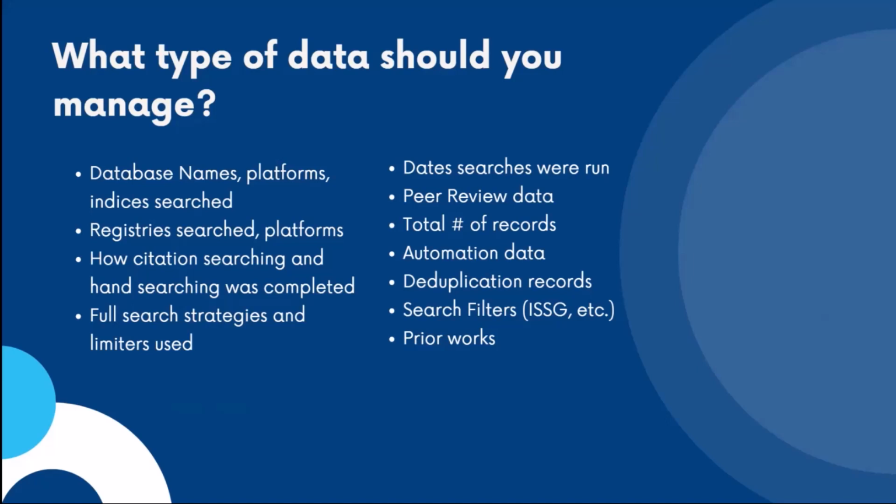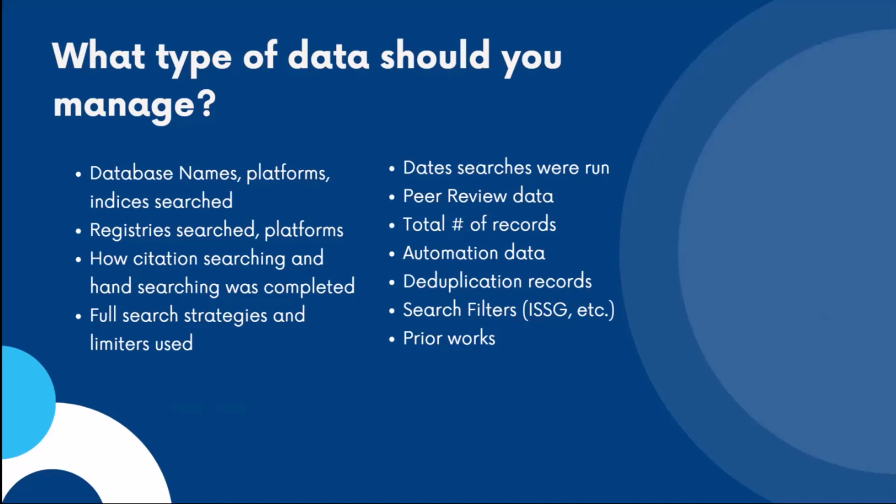You need to track the dates the searches were done because new articles are added to databases every single day. So you need to say that this was done at this point. So if someone comes back and says, oh, but this article was published in October, you can always point to the fact, well, mine was done in September. The peer review data, the total number of records, the automation data, how your data was deduplicated, all of this stuff needs to be tracked because there's an expectation that this information will be reported out.